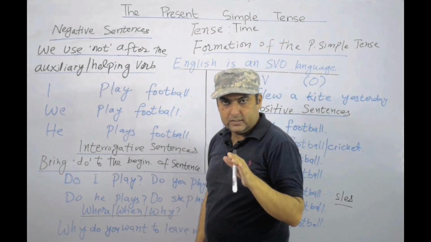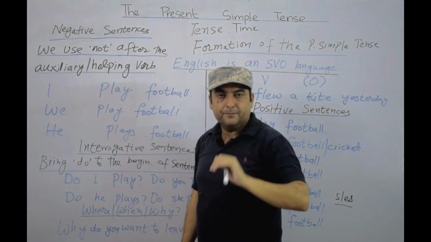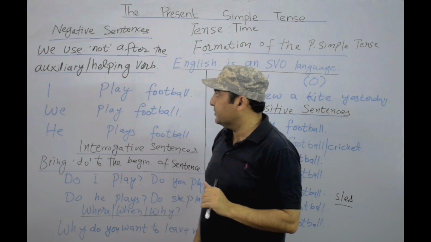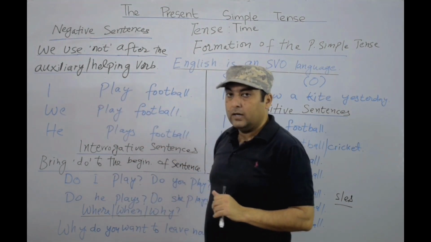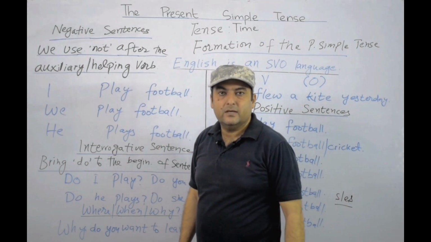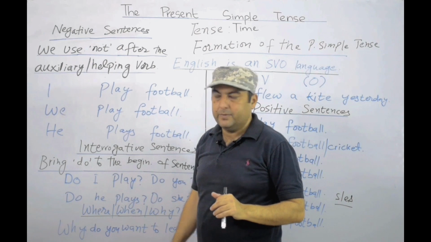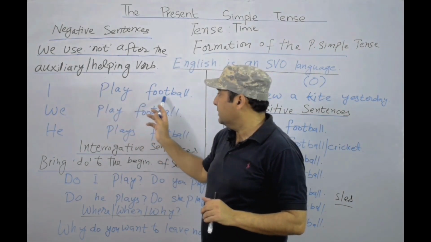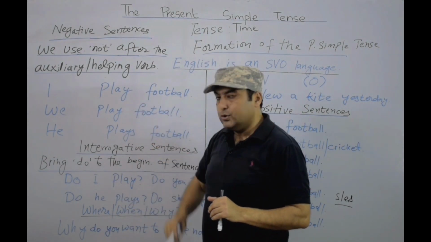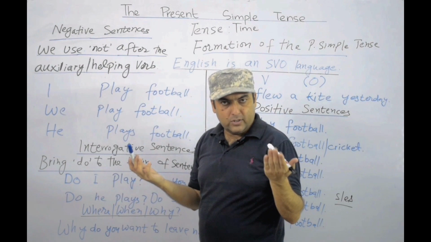But if you see here, I play football. In the present simple tense, in positive sentences, there is no auxiliary or helping verb. So we have the subject, and this is called the main verb, and then the object. So how do we negate these kinds of sentences when there is no auxiliary?